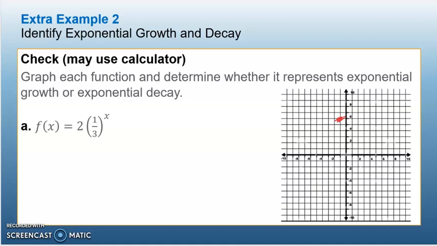So I have a point at 0, 2. I'm going to put a point there. Then if I put a 1 in for x, 1/3 to the 1st power, anything to the 1st power is itself. So that's 1/3. 1/3 times 2 is 2/3. So 1 and 2/3 would be roughly somewhere around here.